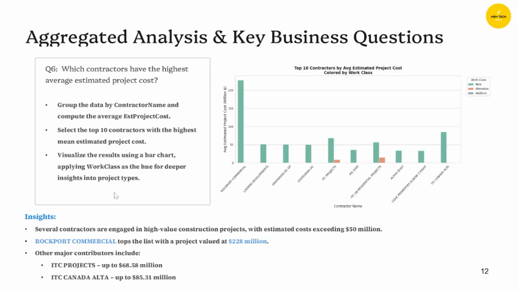ITC Projects works not only on new projects but also on some alteration projects. This analysis is very useful for the applicant and for the layman user, so that they can connect with such contractors if they need to do some work, such as a new alteration or addition.